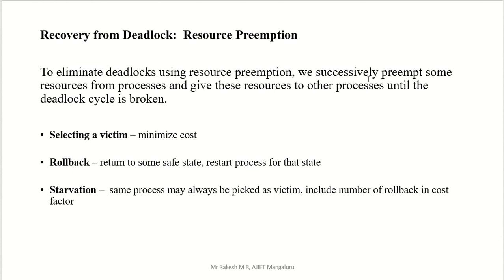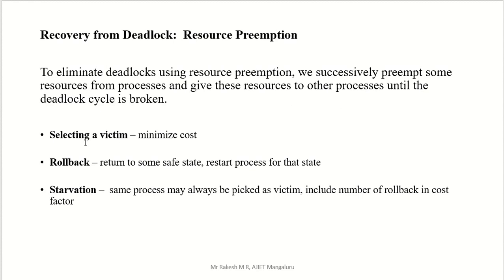We successively preempt some resources from a process and give these resources to another process, so that the other process can complete its execution. Once that is completed, we give the resource back to the previous process itself.